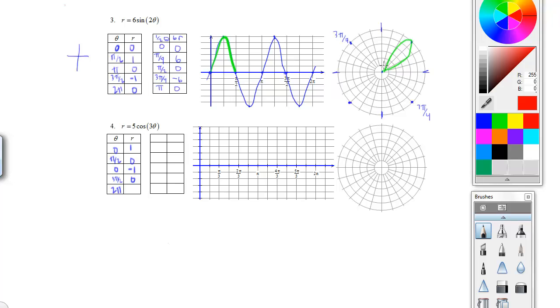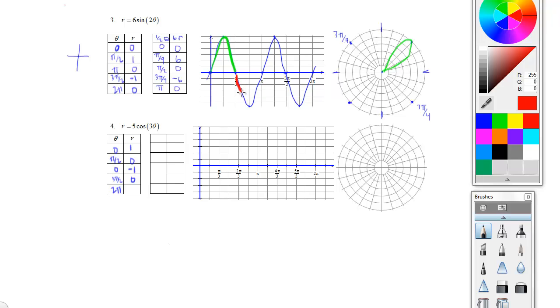So in this region here, I'm going to be headed toward 3 pi over 4. So between pi over 2 and 3 pi over 4, I'm going to be graphing the negative parts of that curve.